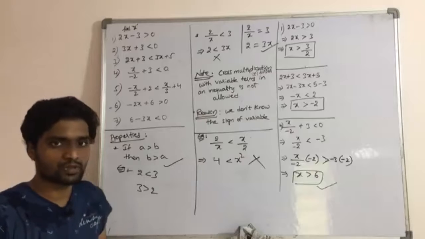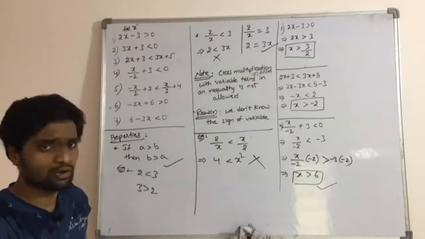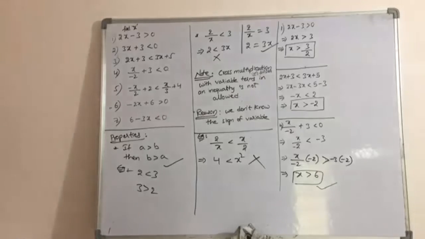So how do you remove minus 2 from the denominator? How do you remove that? Multiplying with minus 2. So multiplying with a negative number changes the inequality. 6 into minus 2 is minus 12. So this is multiplying the number minus 2.